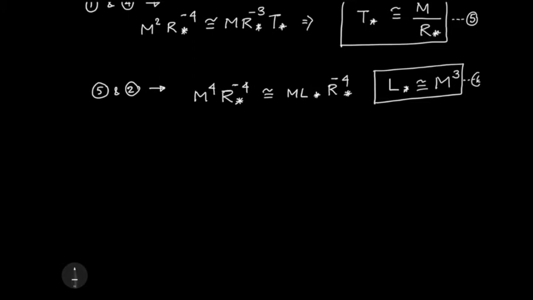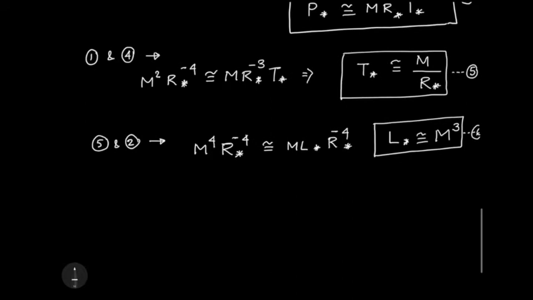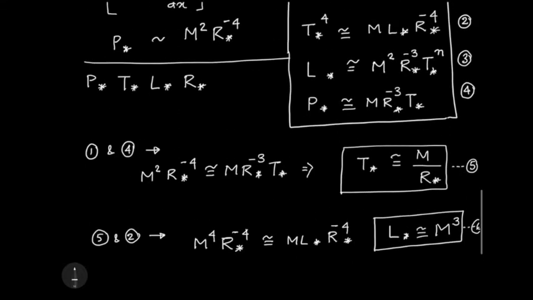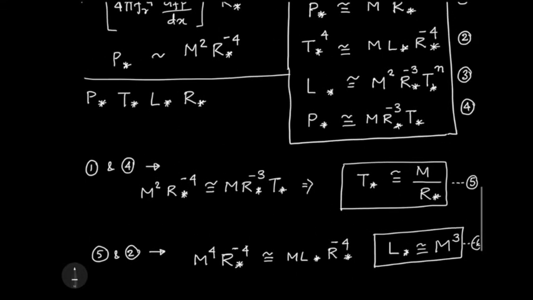So what can I do now? Let us now look at how radius varies with respect to mass. For that I use equation 3, and I know how L changes and T changes, so I use that information.